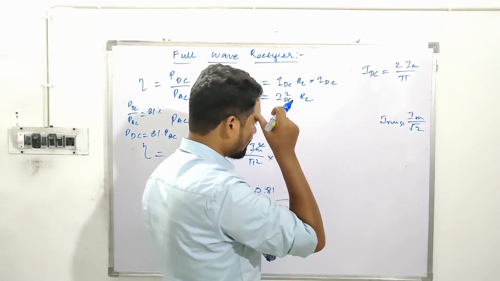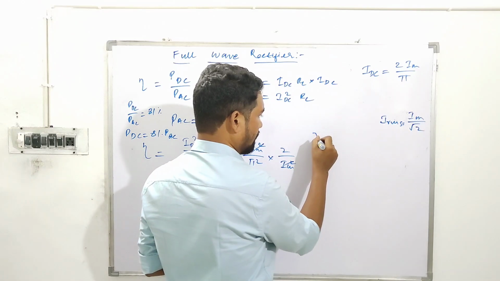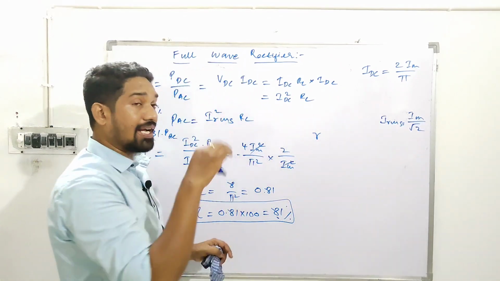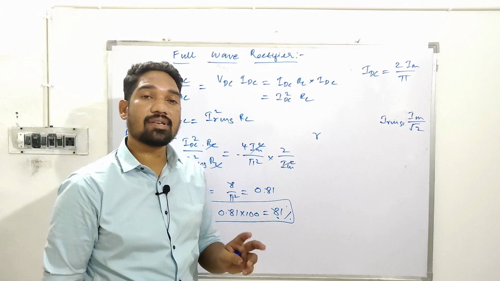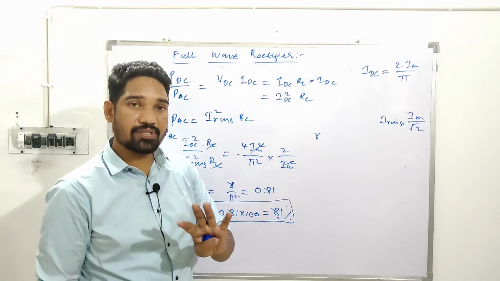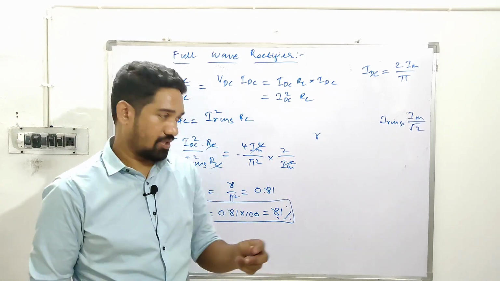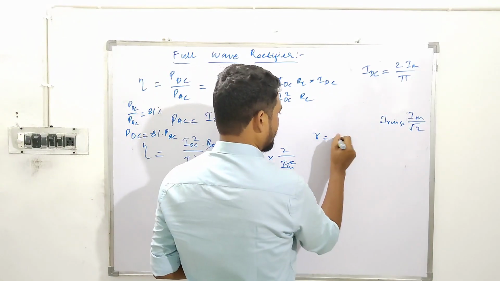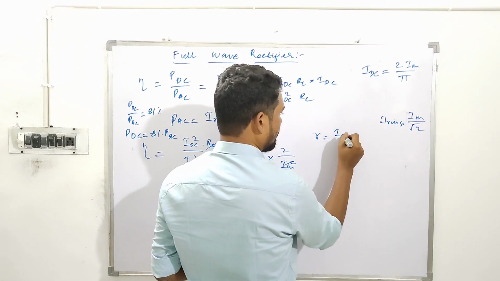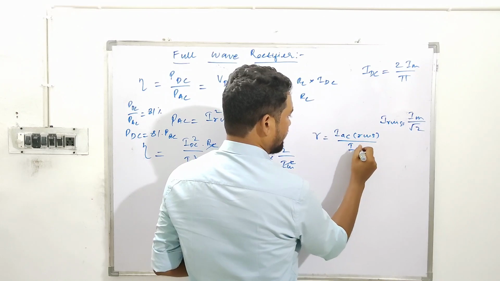On the other hand, there is something else to be evaluated. It's the ripple factor. The pulsating DC is a combination of AC and DC, so with the ripple factor we predict which amount is more dominating. The definition of ripple factor is IAC RMS upon IDC.